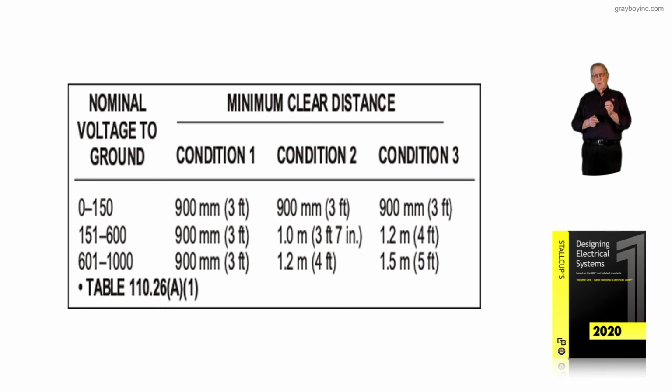But notice the note 1, which is new in the 2020 NEC. Outdoor structure overhangs or roof extensions shall be permitted in this zone as outlined and permitted in 110.26(E)(2), exception.